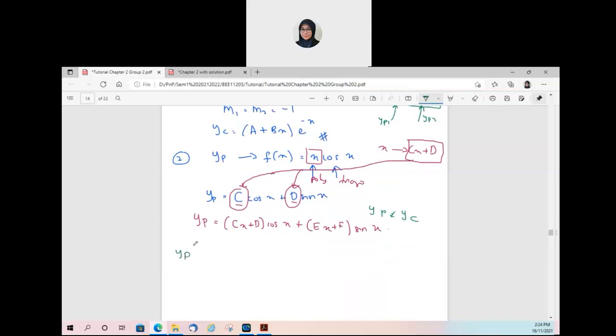Okay, then we have to differentiate this YP. We have YP prime. So YP prime equals to, this one, you differentiate one by one. Satu-satu. Okay, you differentiate cos. This one you remain. If you differentiate cos, you will get minus sin.